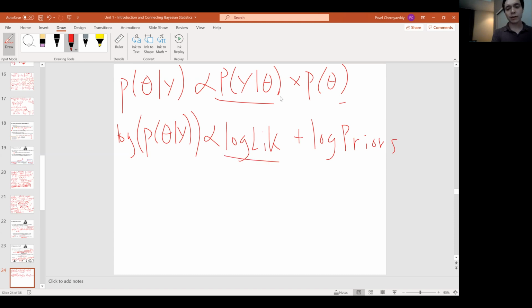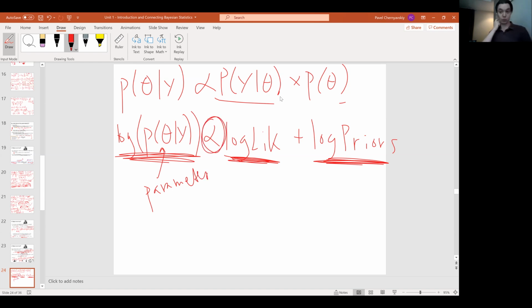Now remember, the log likelihood is what we maximized to get our frequentist estimate. And to get our log posterior distribution, we simply take the log likelihood, add our log priors, and that surface that is a function of the parameter is what our posterior is proportional to. Proportional to.